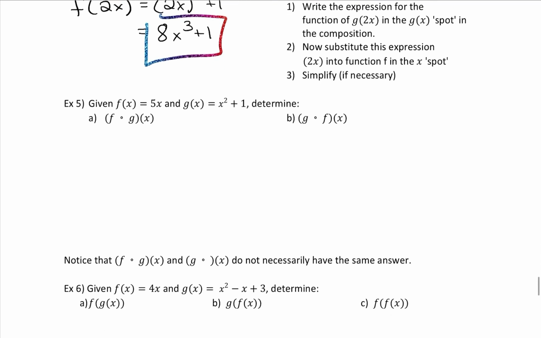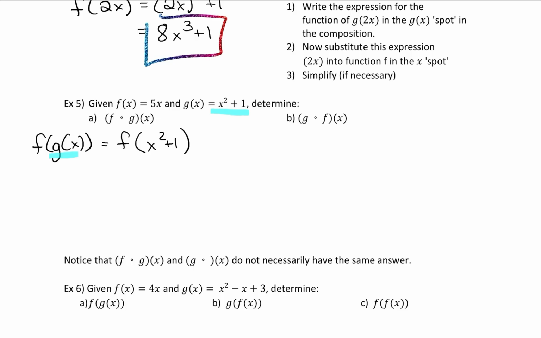So let's try a few more examples with some different functions. We have f of x equals 5x, which is linear. g of x is quadratic. Let's start with f of g of x. The first thing I'm going to do is rewrite this by changing the g of x to x squared plus 1.